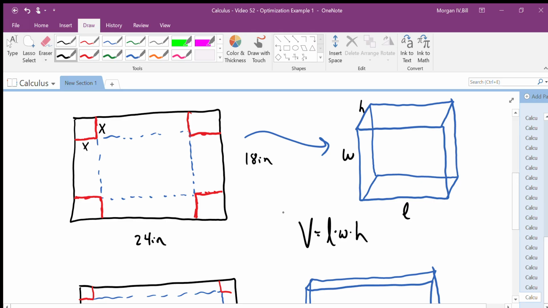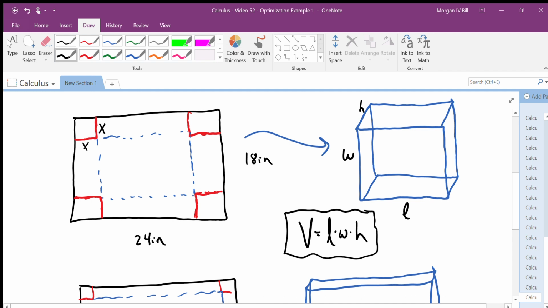That's what we want to maximize, but I have an issue here in that I have a variable L, a variable W, and a variable H. I don't want to have 3 variables over there, I only want 1. And those really are variables. The length of the box will change depending on the size of x, the x square that you cut out.